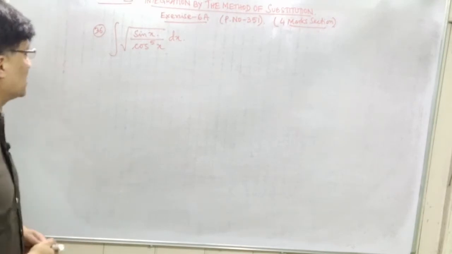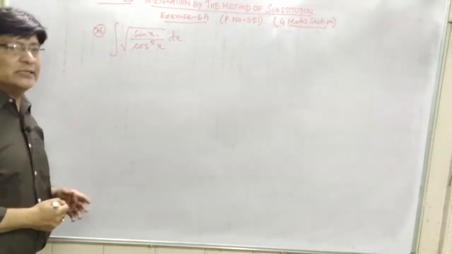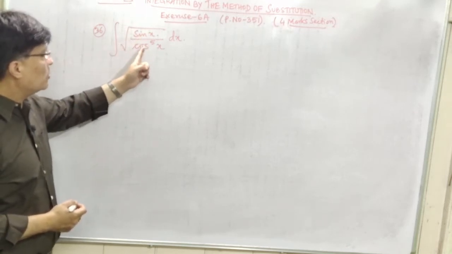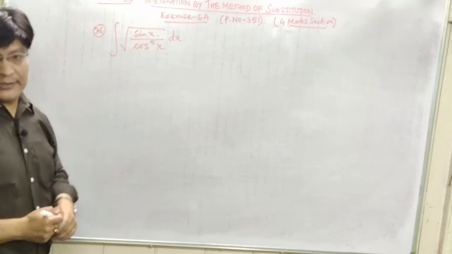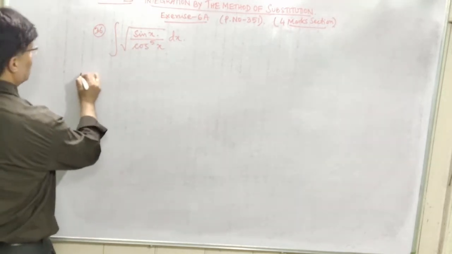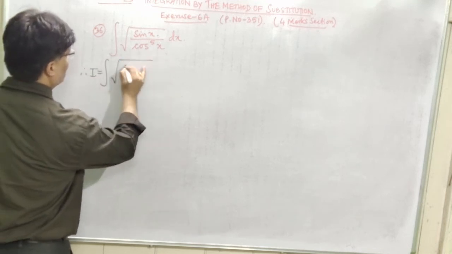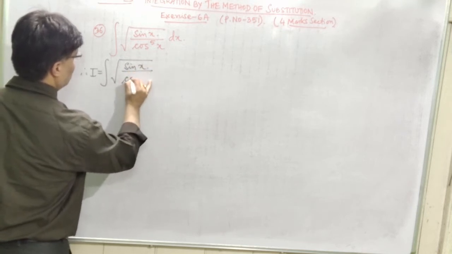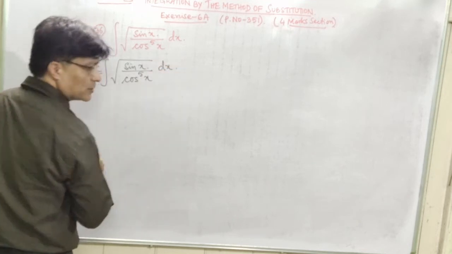So now let's do the next question, that is question number 36. Now we have to evaluate this integral, that is integral of square root of sin x to the power sin x divided by cos to the power 5x dx. Let us write I is equal to integral of square root of sin x divided by cos to the power 5x dx.